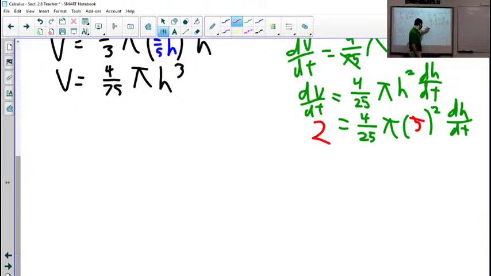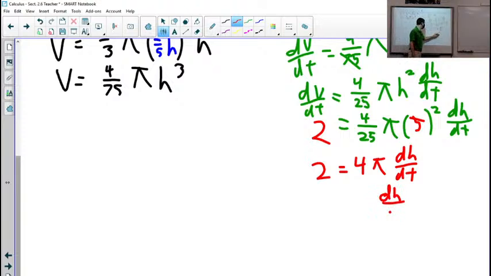I'll show one more step here. 5 squared is 25, so this will cancel with the 25 here on the bottom. So dh/dt, if I divide, should be 1/2 pi. And since it's a rate of change of the height, my units are going to be feet per minute.